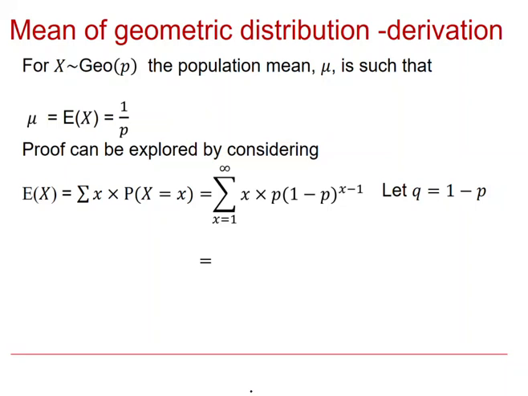And for a geometric distribution, the first value that is possible for x equals 1, but theoretically there's an infinite number of possible outcomes for x. So we're summing from x equals 1 to infinity, and we are summing x multiplied by the probability of obtaining x.